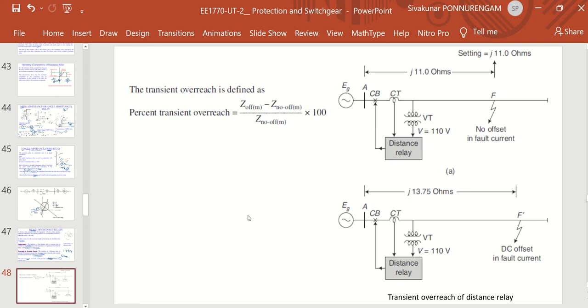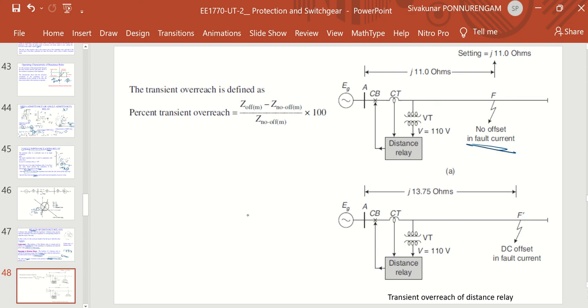This is the percentage transient-based reach point. This is Z minimum, the normal condition, with no offset in the fault current.